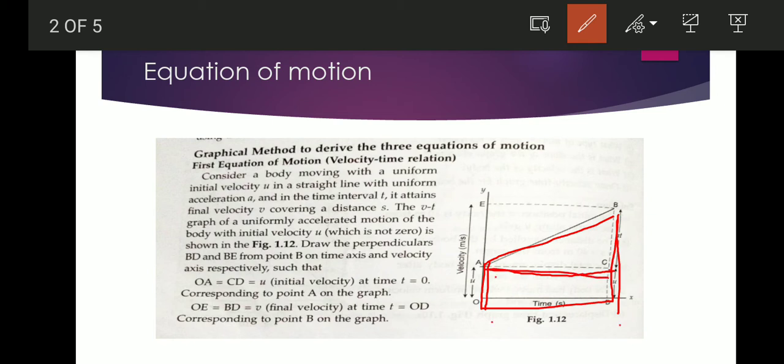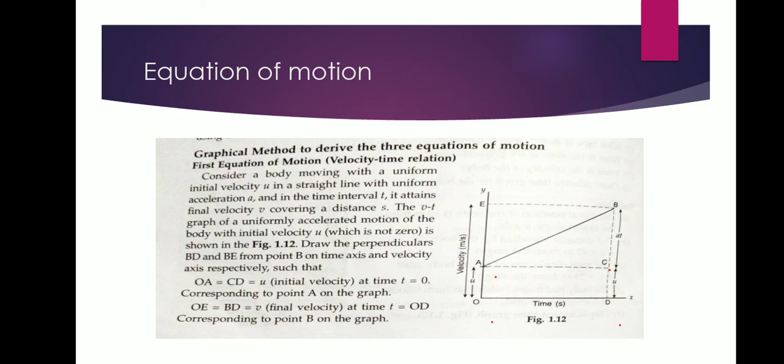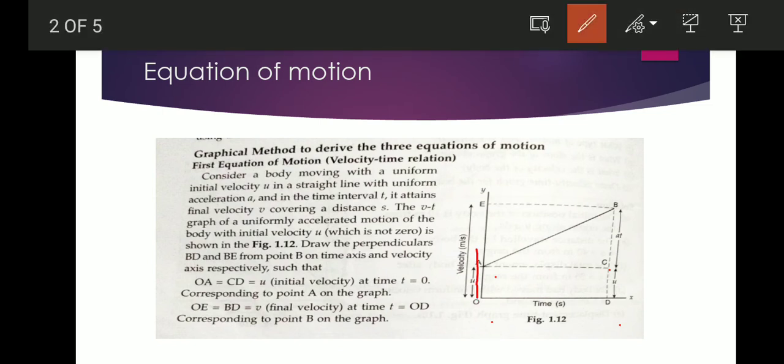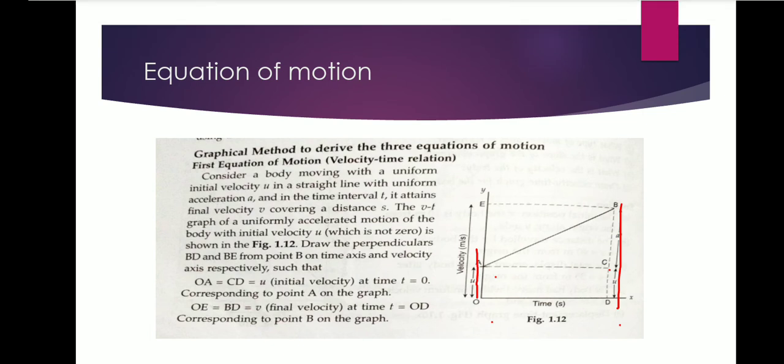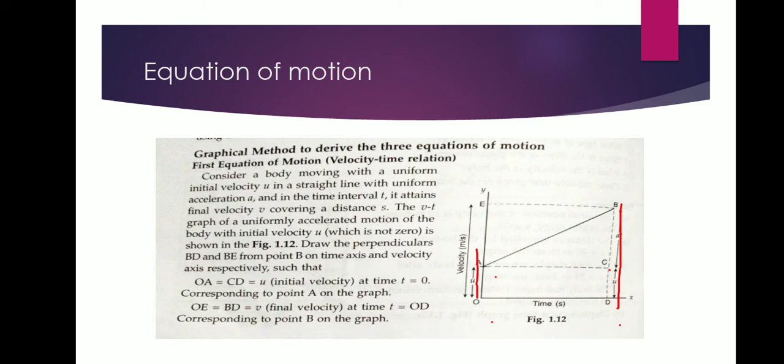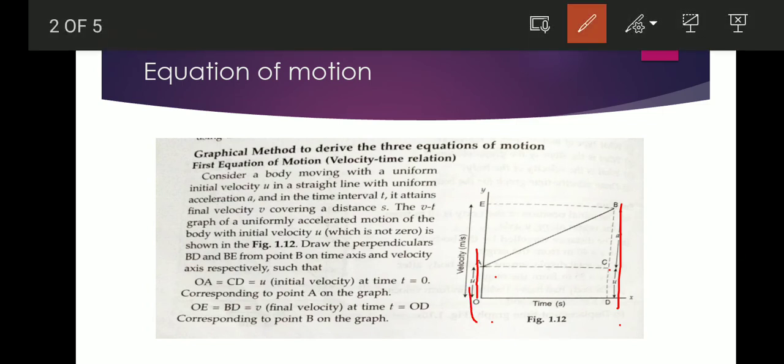So it is half into OA plus BD, the sum of the parallel sides, into OD, where OD is the height of this trapezium. So you have to divide this by 2.